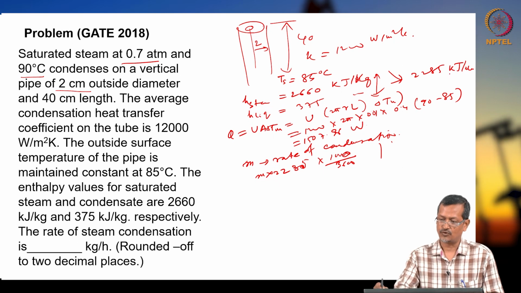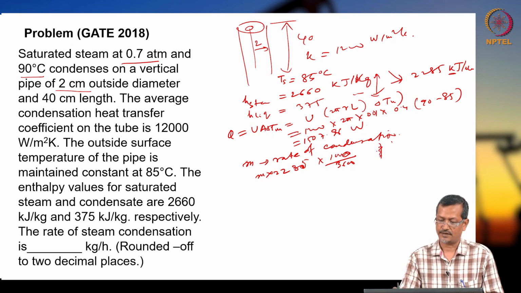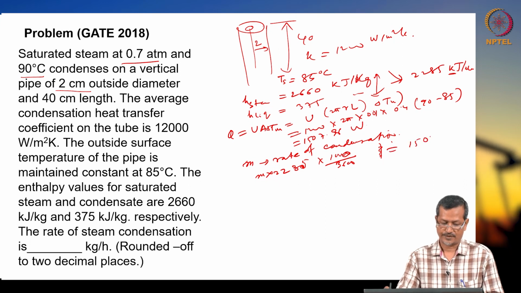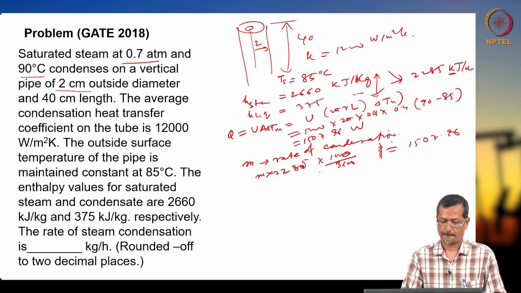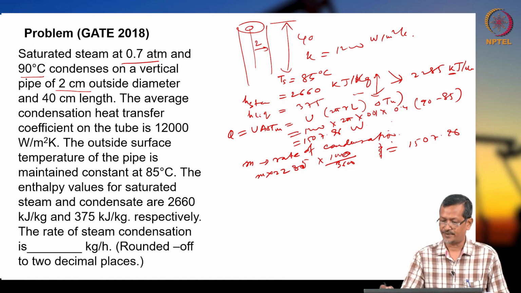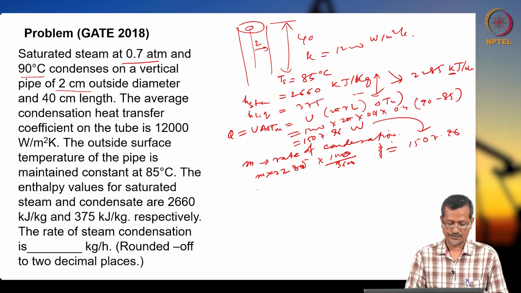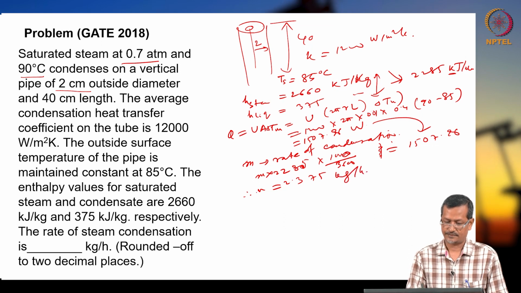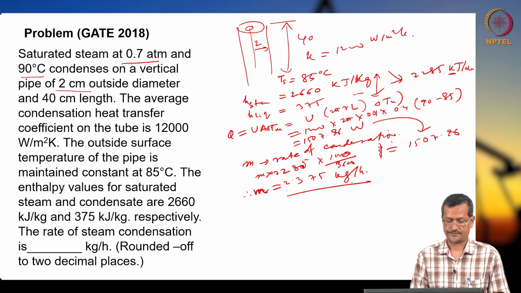So kilojoule is there, that's why 1000 came, and hour is given, that's why 3600 came. So it equals 1507.96, calculated from here. Therefore M equals 2.375 kg per hour. Okay, this is the answer.